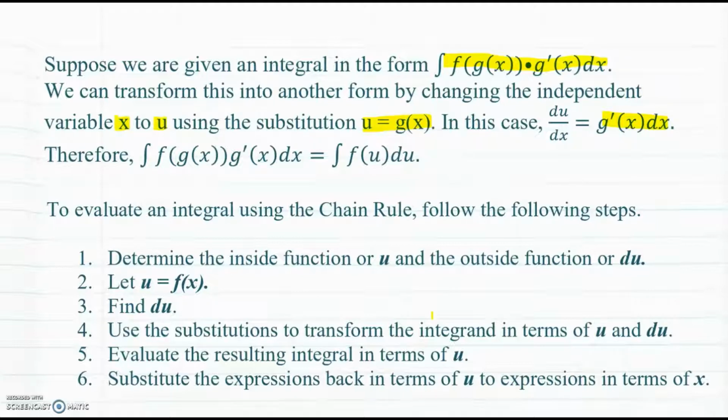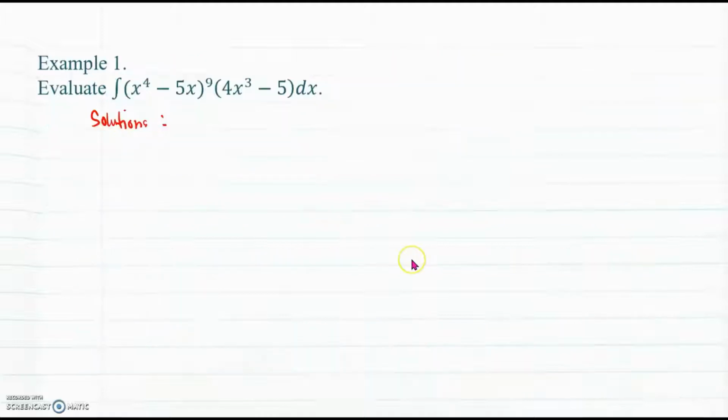Next, use the substitution to transform the integrand in terms of u and the derivative of u, evaluate the resulting integral in terms of u, and substitute the expression back in terms of x. Let's have an example.